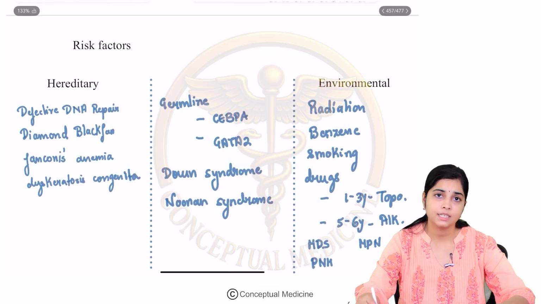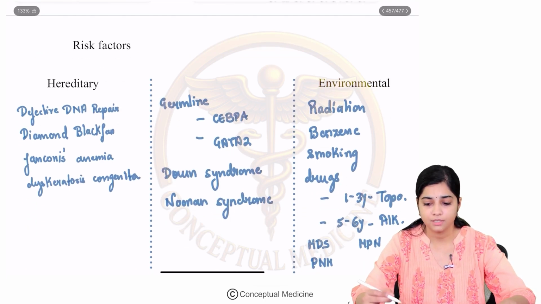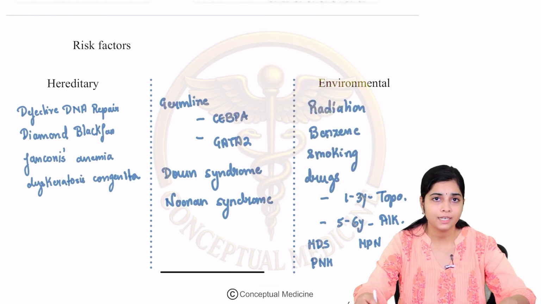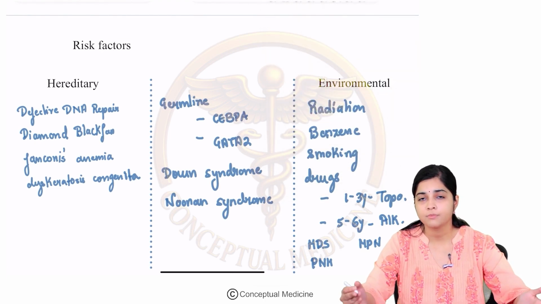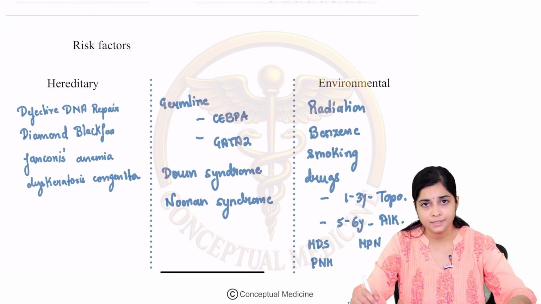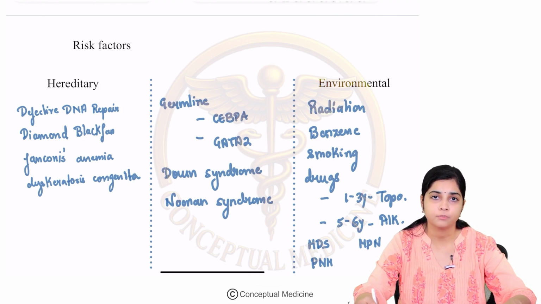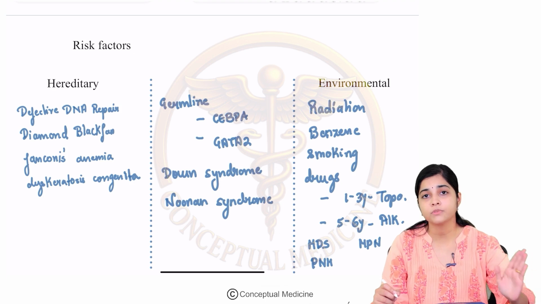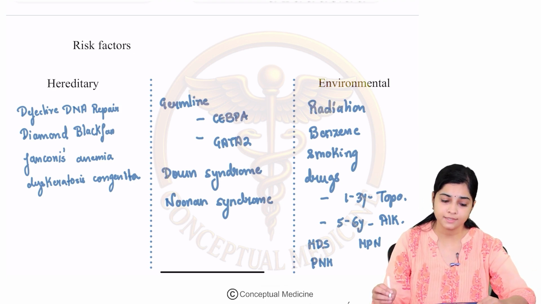Let us understand the risk factors for acute myeloid leukemia a little bit more in detail. Most of the time there are no known factors. Sometimes there are hereditary factors, and sometimes environmental associations have also been found. What are the hereditary conditions or syndromes definitely associated with an increased risk of AML?